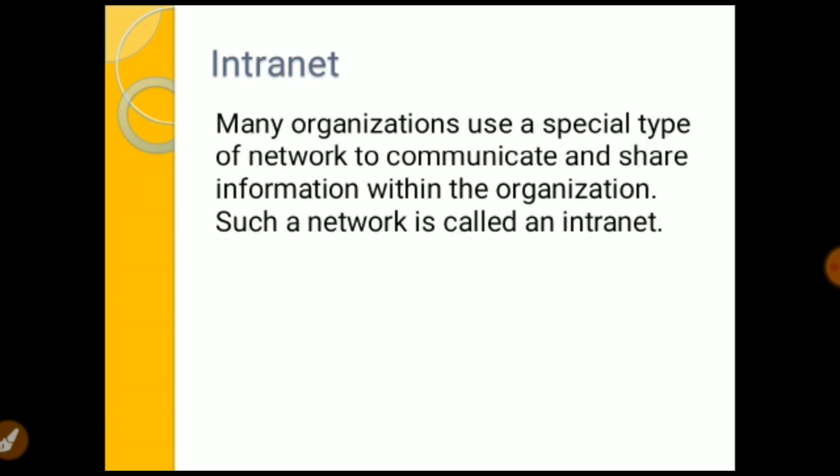Second is intranet. Intranet is a little different from internet. Intranet is used for a particular organization. Many organizations use a special type of network to communicate and share information within the organization only. That is known as an intranet.